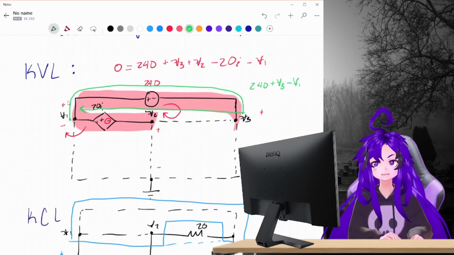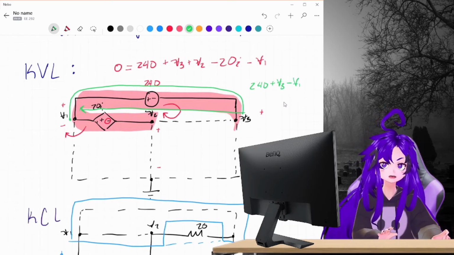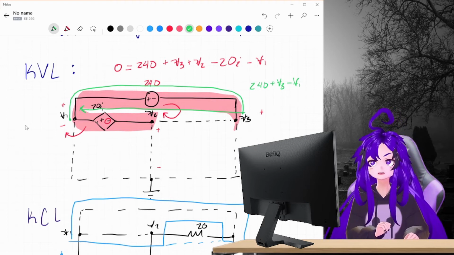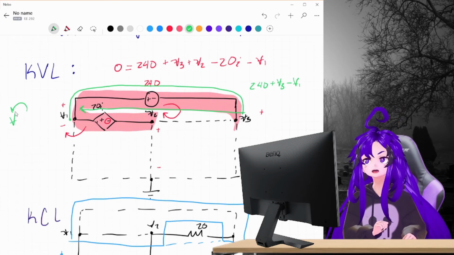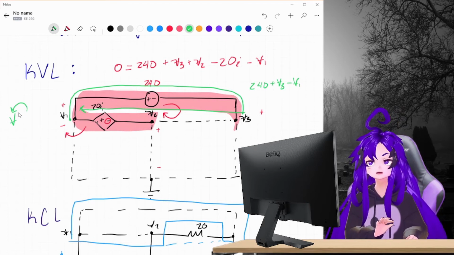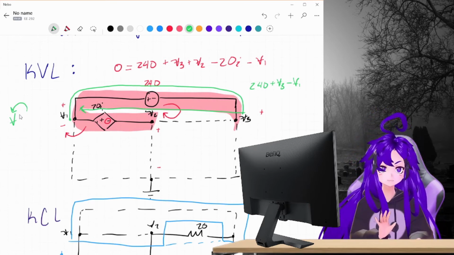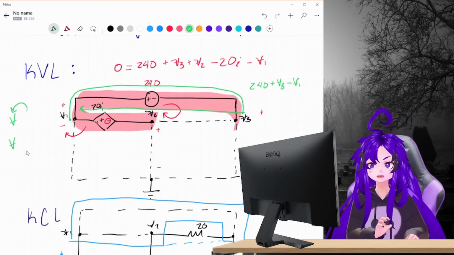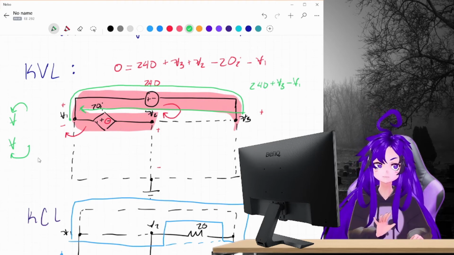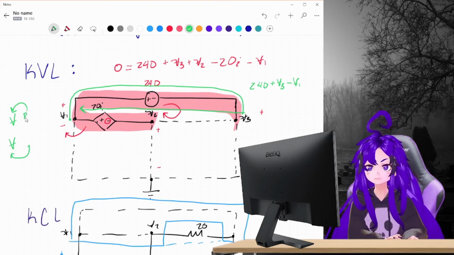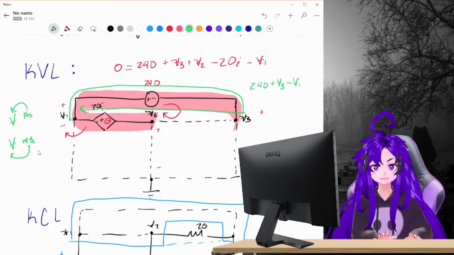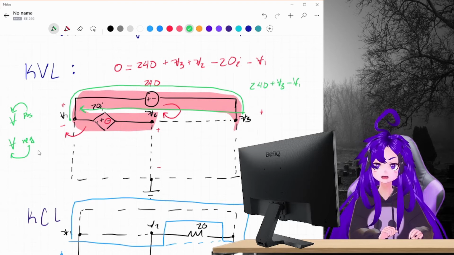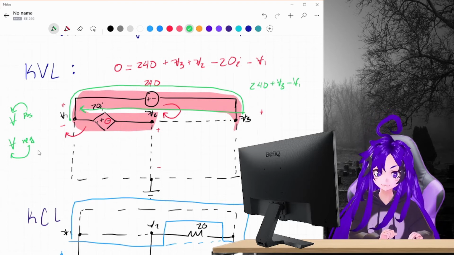And I know this doesn't look like it's going into the negative side, but let's just go with the thought that if it's going into the top of a voltage, or the plus sign if it has one, then it's positive. If it is going into the bottom side, or the negative sign if it has one, then it is negative. That's just a convention, it's just a decision.